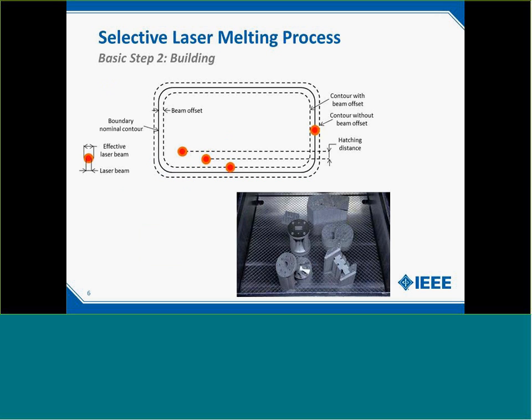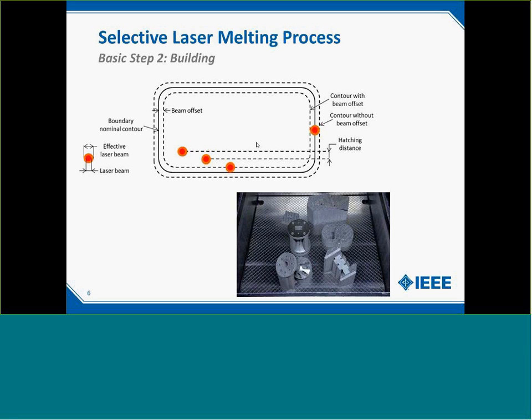The next basic step is the building process itself. It is characterized by several parameters that can vary the quality of the final part that is built. Two of them are the beam offset correction, the correction that takes into account the enlargement of the laser beam due to thermal conductivity, and the hatch distance between two adjacent traces that are scanned by the laser.